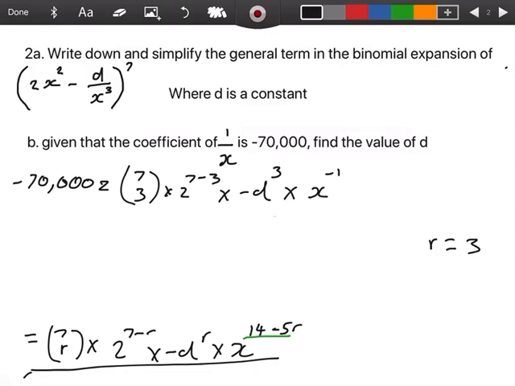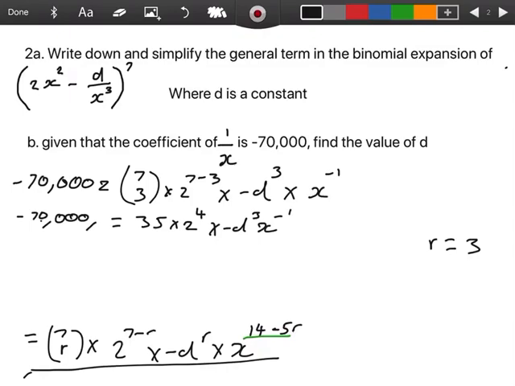I'll do 7C3 on the calculator now. 7C3 is 35. Negative 70,000 equals 35 times 2 to the power of 4 times negative d cubed x to the negative 1.